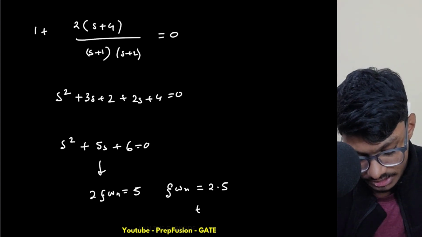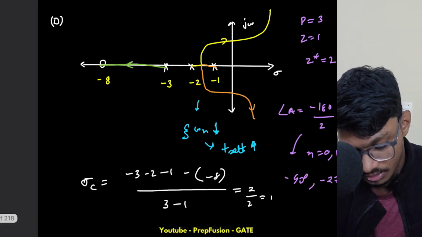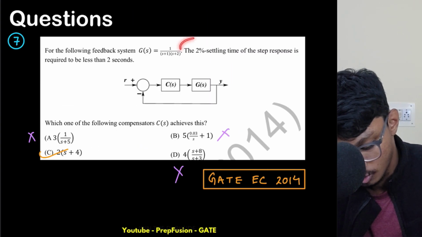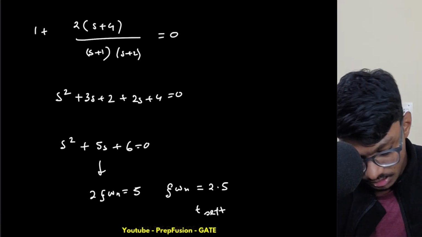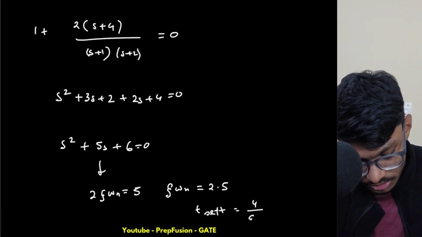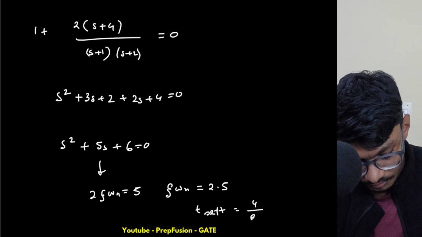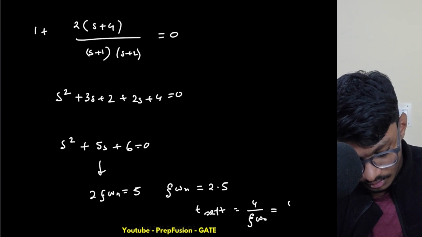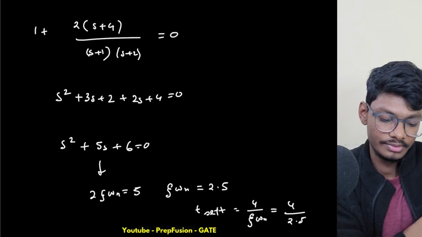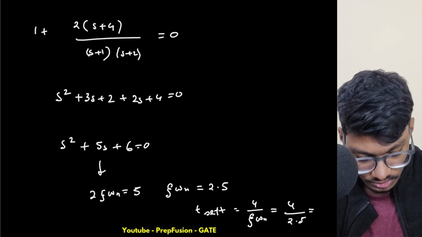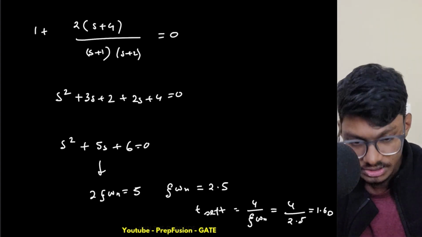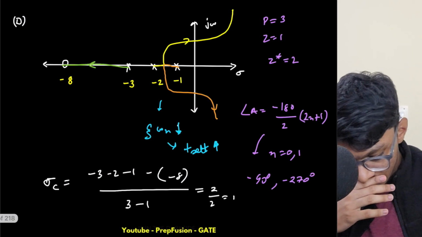Settling time, T settling, 2% settling time, it has told us 2%, so it is 4 tau. So simply 4 upon zeta omega n equals to 4 upon 2.5. If I multiply this with 4 by 10, it is 1.6, which is within our range.